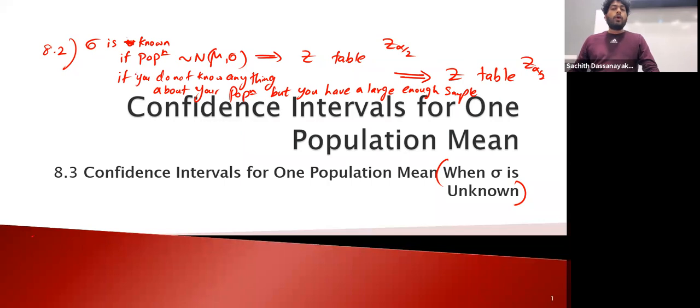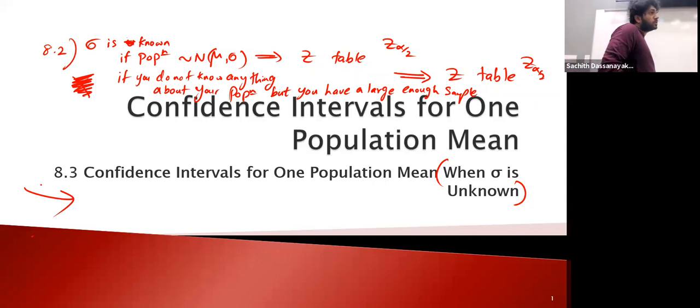What happens if these two fail? Your population is not normally distributed, you don't know, and also your sample is not large enough. Then this fails, right? You cannot use this. To solve that problem, we can use this same approach.